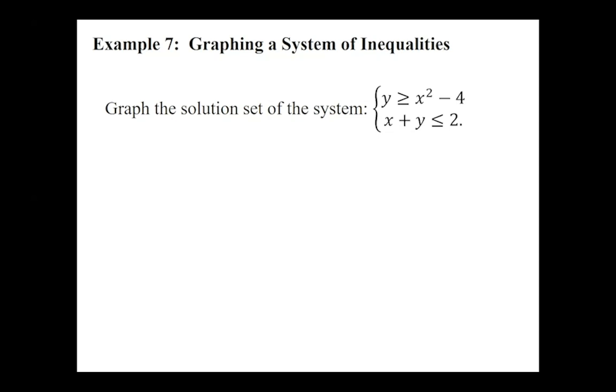So what we did with two lines with a system of linear inequalities is the same thing that we're going to do with a system of nonlinear inequalities. Graph them both, shade them both. Where it overlaps is the solution.